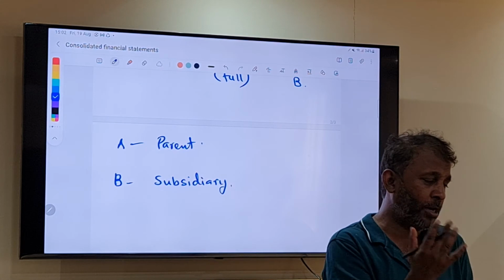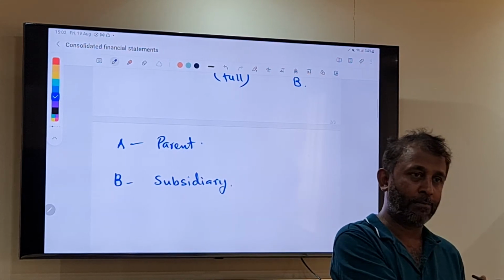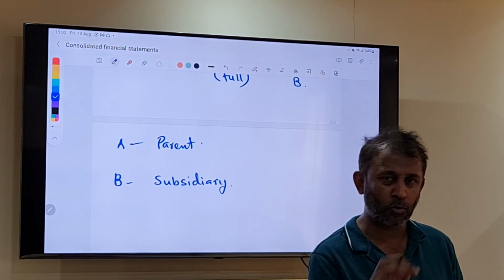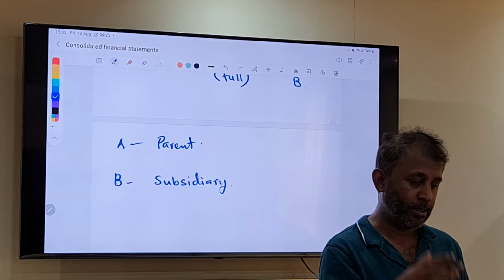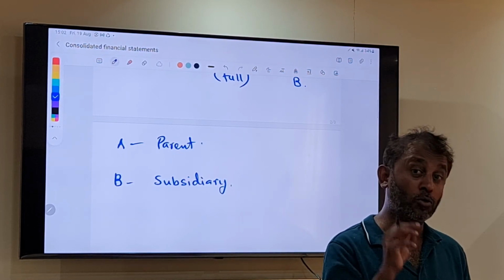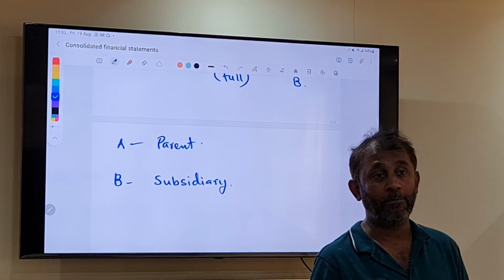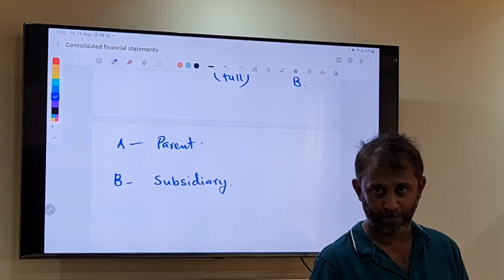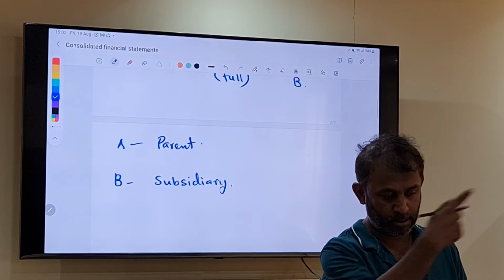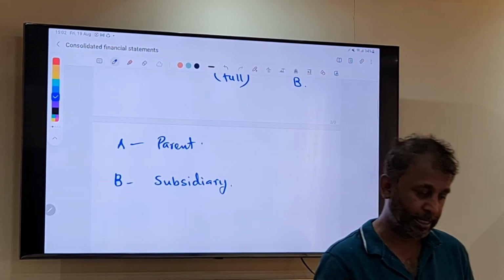So when you see a parent company and subsidiary company, you should automatically understand the subsidiary company is controlled by the parent company, which is A. I will not use the word owned by, I will use the word controlled by.